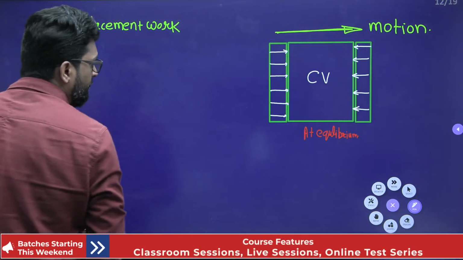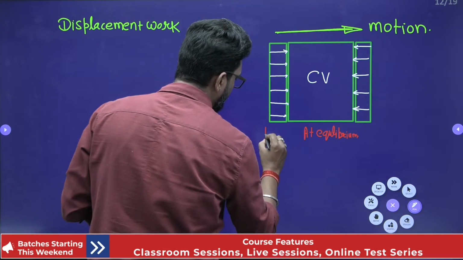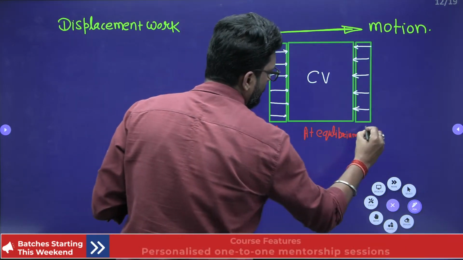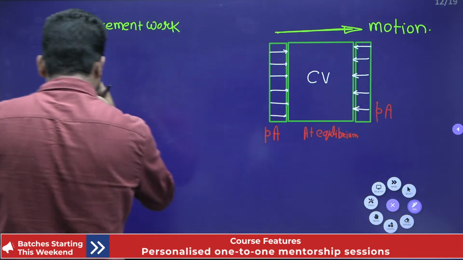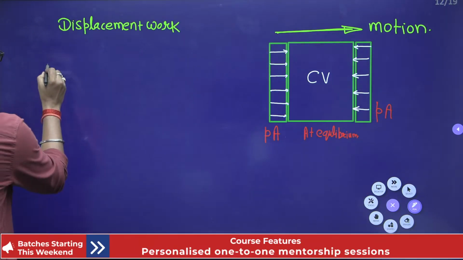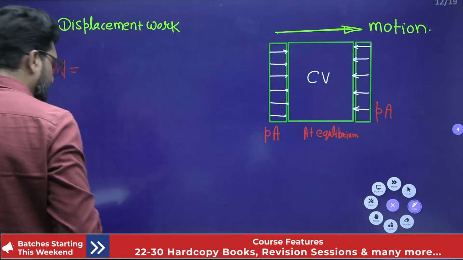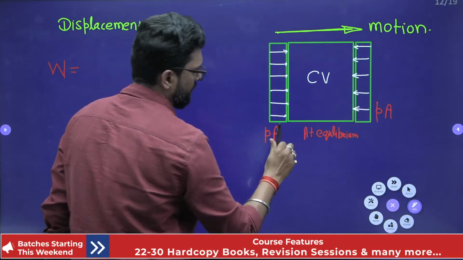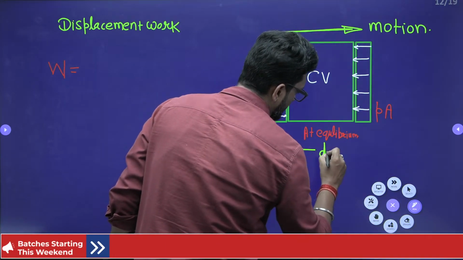What is the work on this system? This is P into A, and this is P into A. Okay. What is the work? Let's suppose this has a displacement dx.